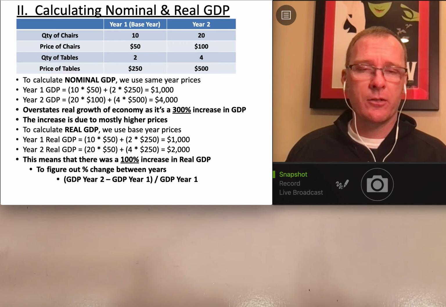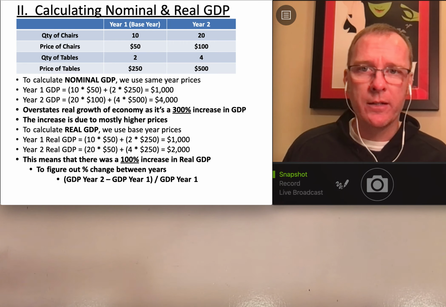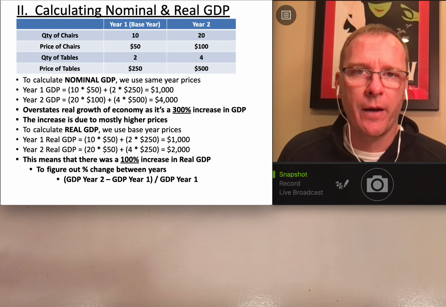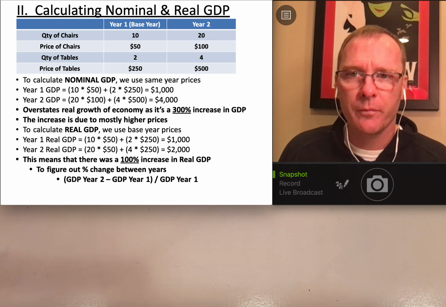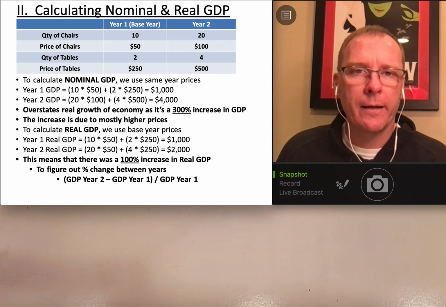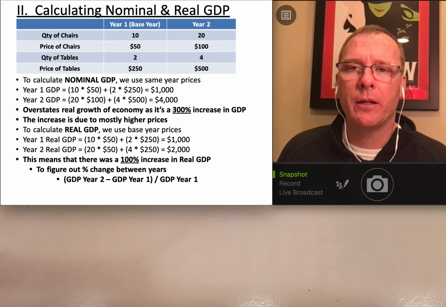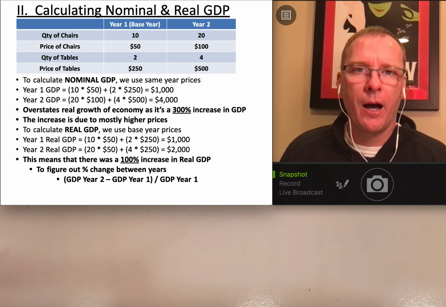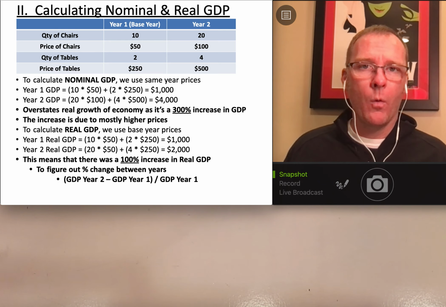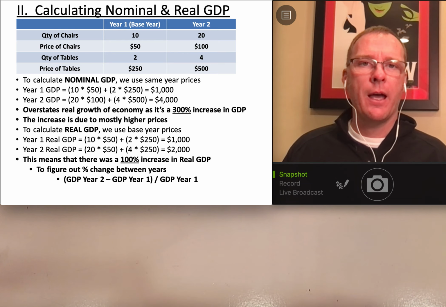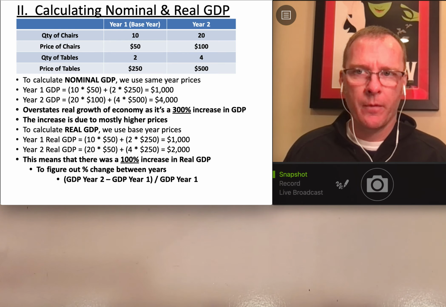So that is showing me a 300% increase in GDP, like 1,000 to 4,000 in terms of the dollars. Now, why did it do that? Why has my GDP grown? Is it because I made more, or is it because the prices just increased?